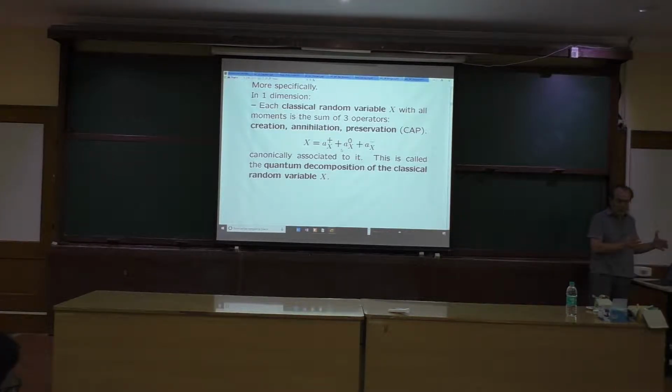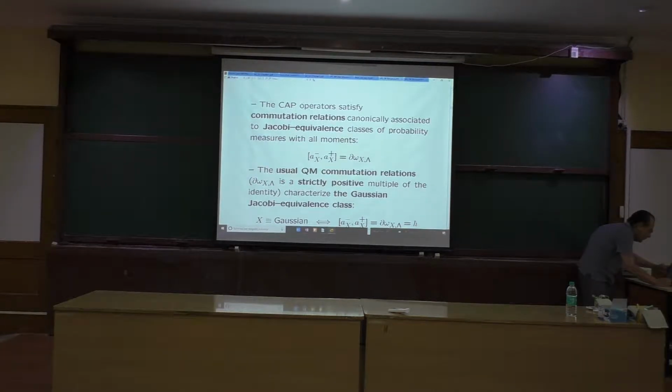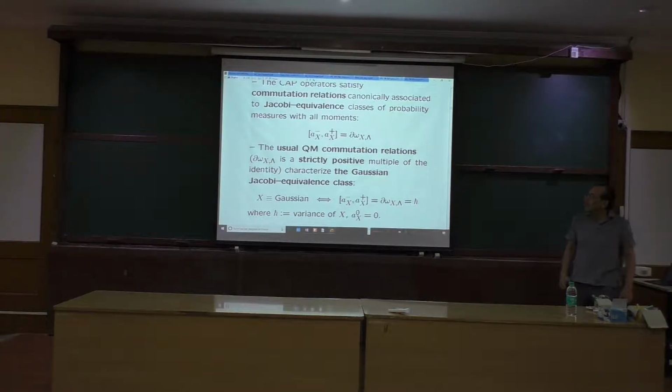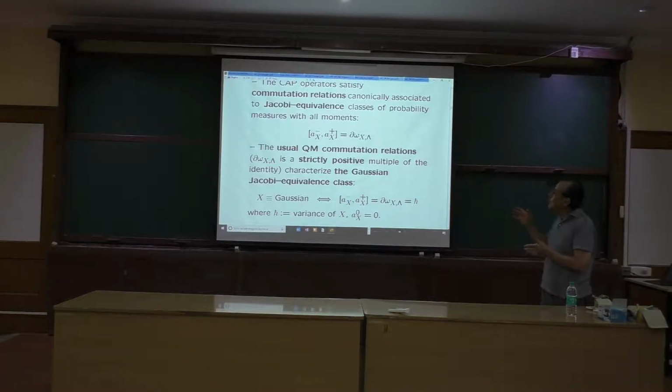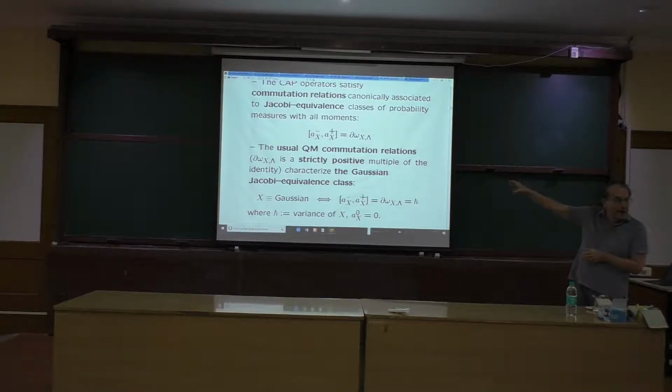But they are not the creation, annihilation, and preservation operators of quantum mechanics. Then we will prove that these operators satisfy again some canonical commutation relations. This symbol on the right will be explained today, so I don't anticipate. I only say that it is related to the famous Jacobi sequences of orthogonal polynomials. Okay?